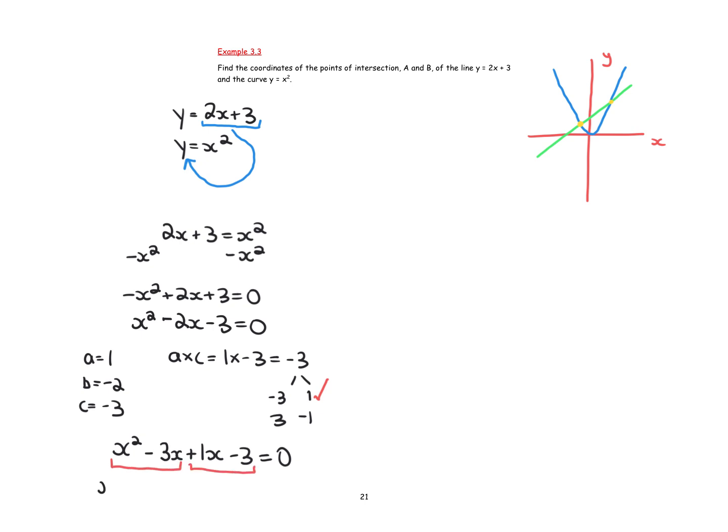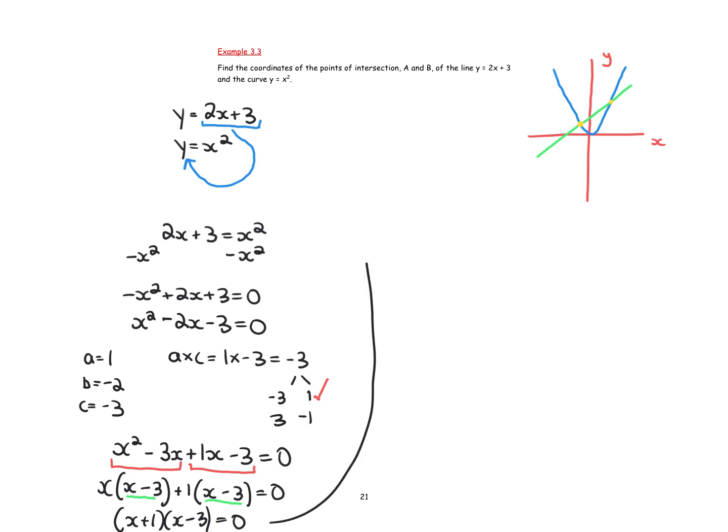Factorising the first two terms, you can divide an x out of both and you'll be left with x minus 3. And in the second one, we'll just divide a plus 1. So we'll get x minus 3 is equal to 0. Then this becomes x plus 1 multiplied by x minus 3, as here the inside guys, the x minus 3 and the x minus 3, are equal.